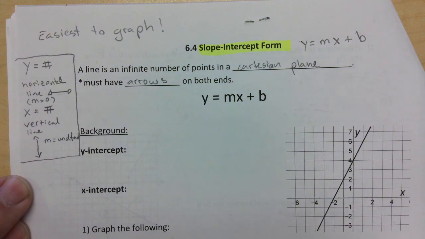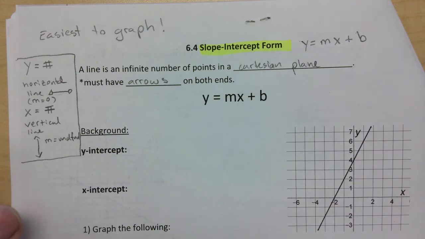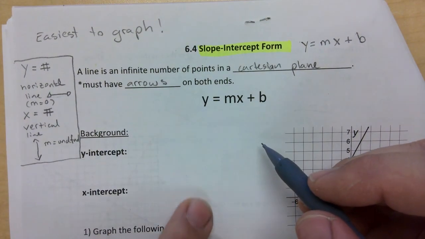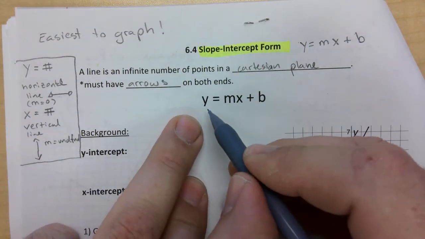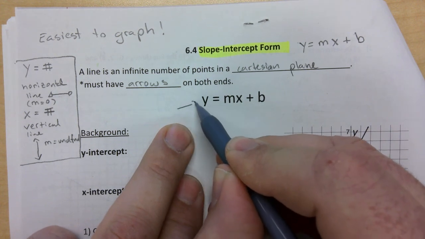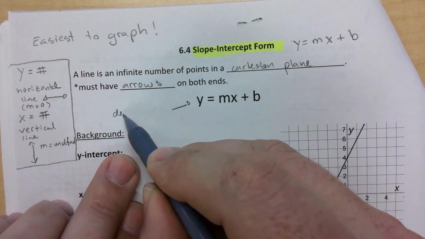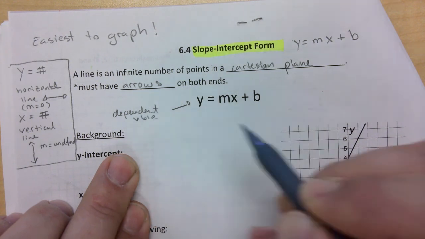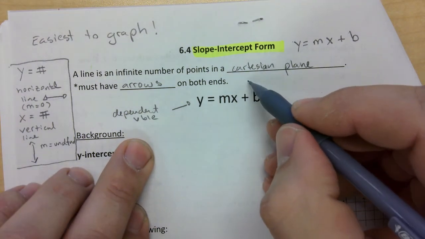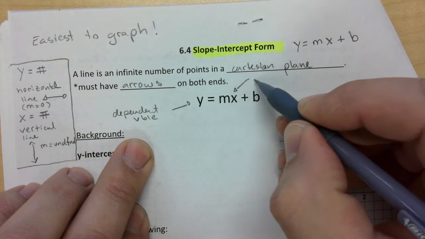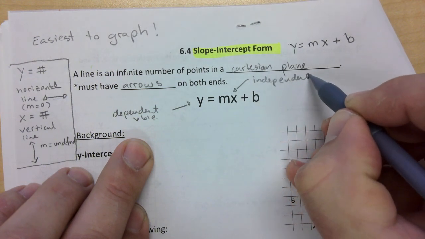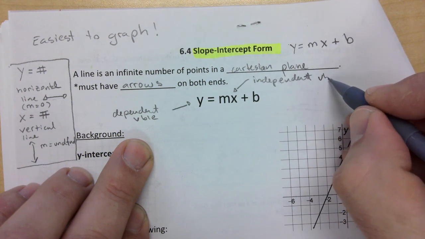So if you're just given a line like that, you have to assume that it extends indefinitely in both directions, right? So the y is your dependent variable, just like before. Okay. The x here is the independent variable. Don't forget that. So that stays the same.